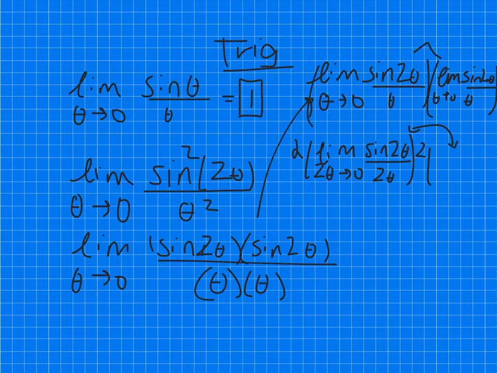We know that the limit of sine 2 theta over 2 theta as 2 theta approaches 0 is the same in structure as what we have up here, and we know that's equal to 1. So this part here is also equal to 1. That gives us 2 times 1 times 2 times 1, because this and what's over here are the same. So 2 times 1 times 2 times 1 is equal to 4.